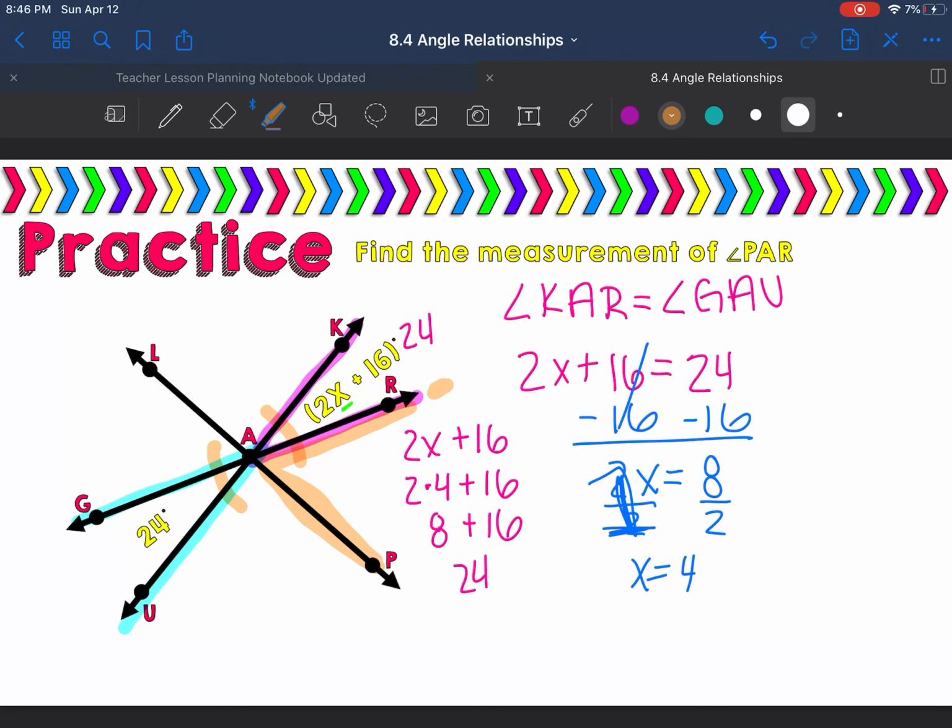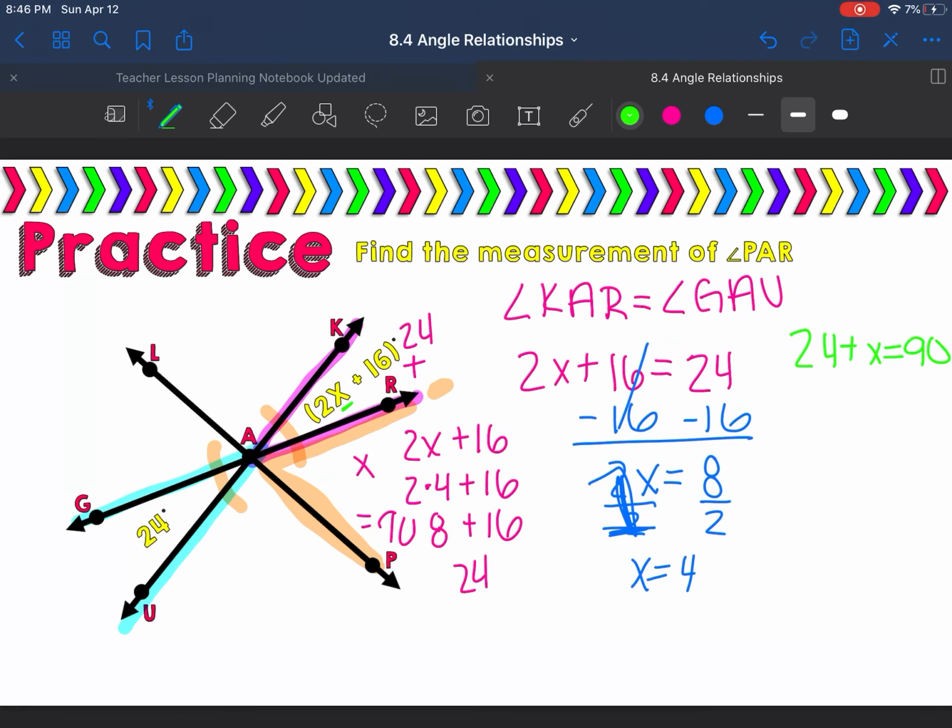Supplementary or complementary? Well, they're small, so they're complementary. So that means that I can take those two angles and add them together. So 24 plus whatever this is, and it is going to equal 90.